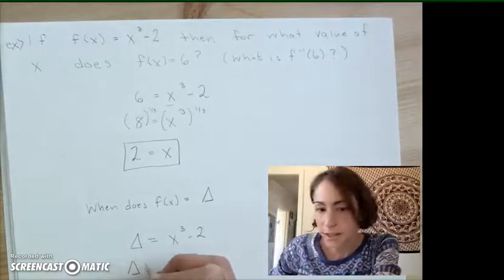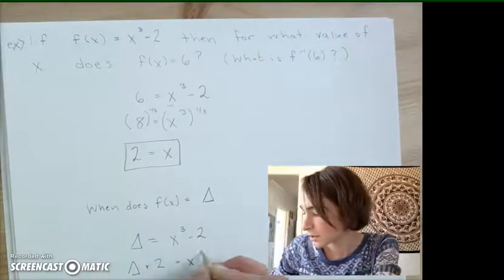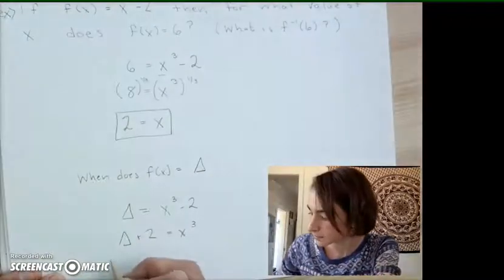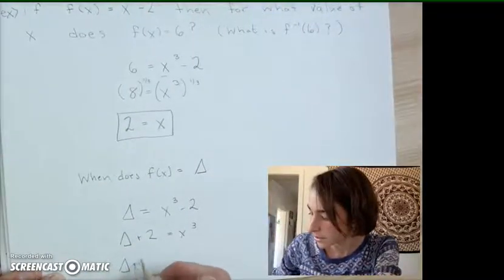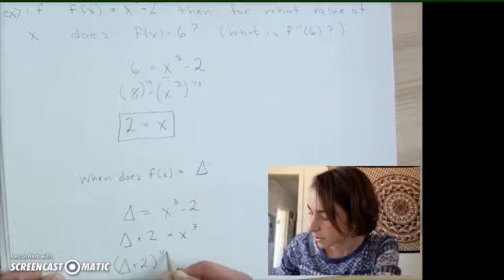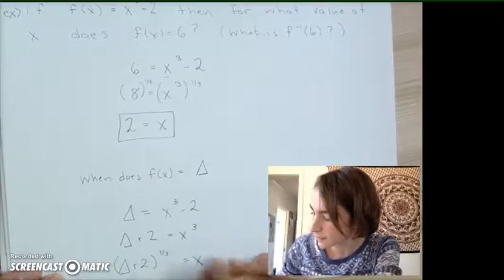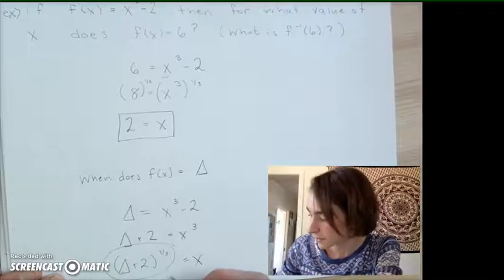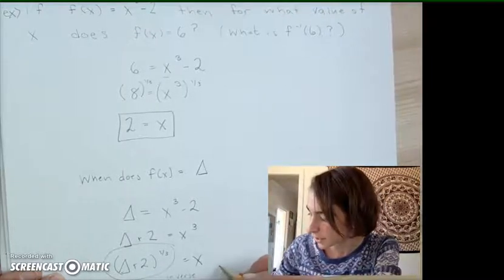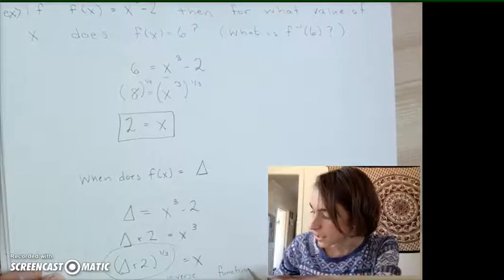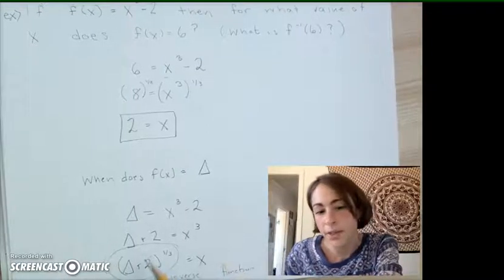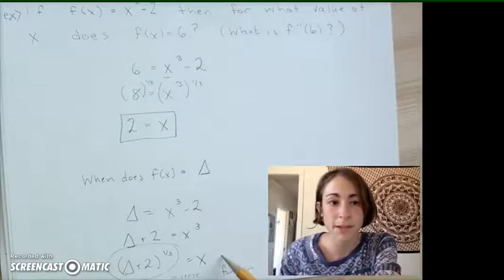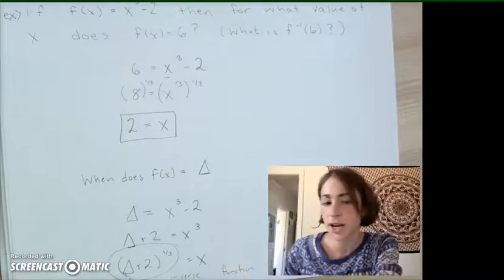So triangle plus 2 equals x cubed, and then we just take the cube root of both sides to solve for x. Triangle plus 2 raised to the 1/3 power equals x. And we'll actually call this our inverse function. Because then, as long as you tell me what the output should be, I'll plug that into this function, and that tells me what the input was that gave me triangle.